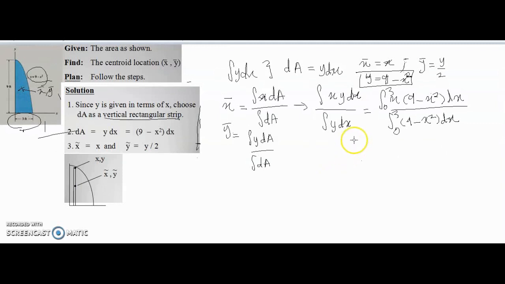After that, solve this integration and solve the equation.